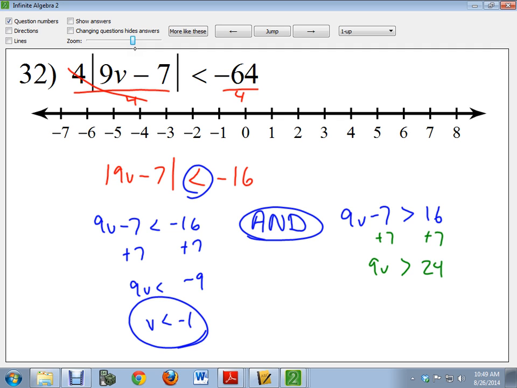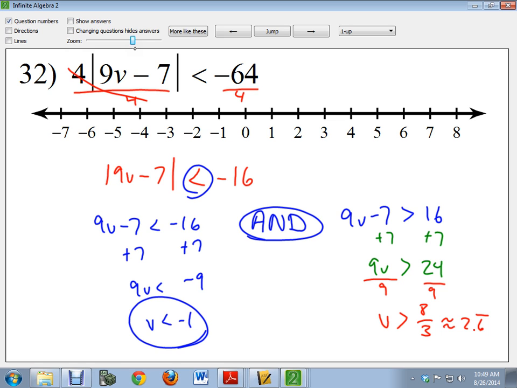We'll divide that by 9, and v will be greater than 24 divided by 9. What goes into 24 and 9? 3 does. So that'll be 8/3. Now 8/3 is exactly 2.6 repeating.